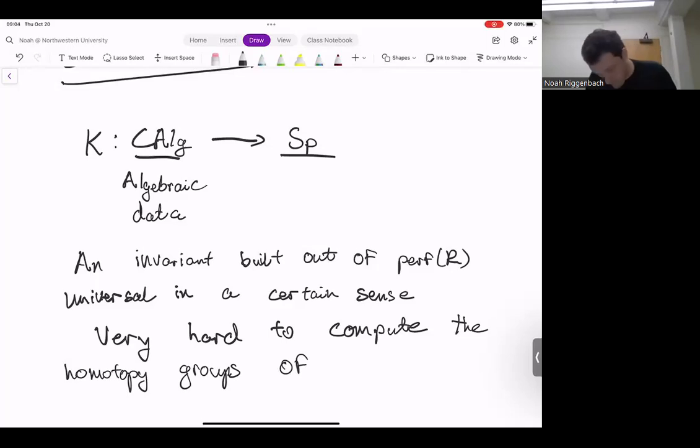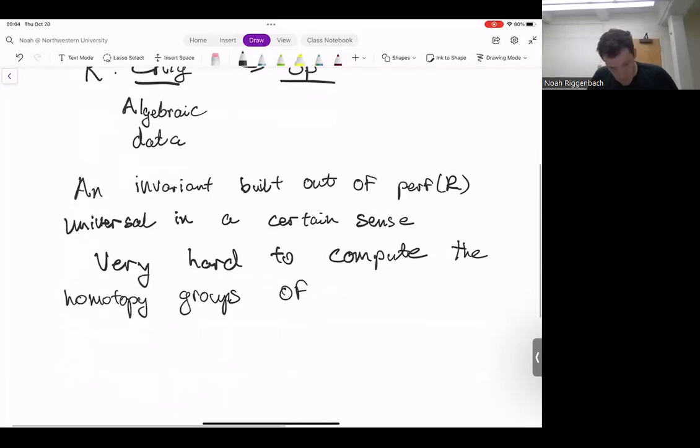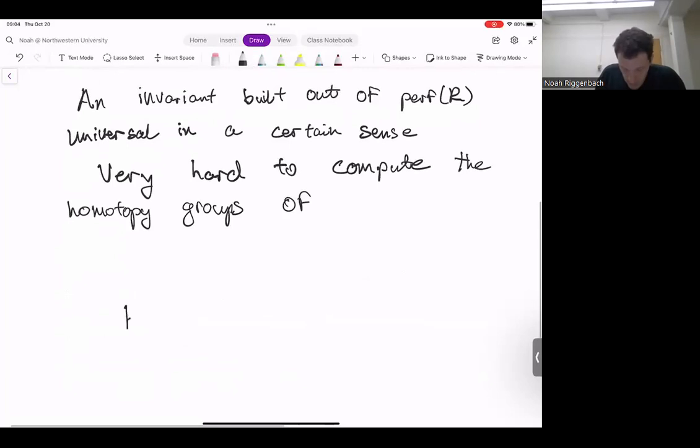There are a couple of ways people have tried to study algebraic K-theory. One of the most successful ways is by comparing it to a much more computationally accessible theory, which is Hochschild homology.